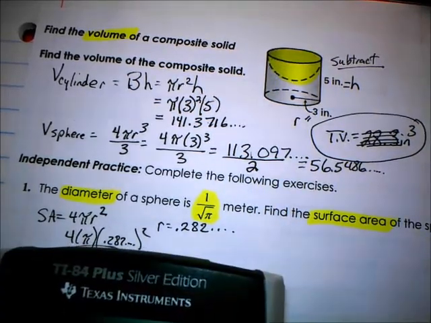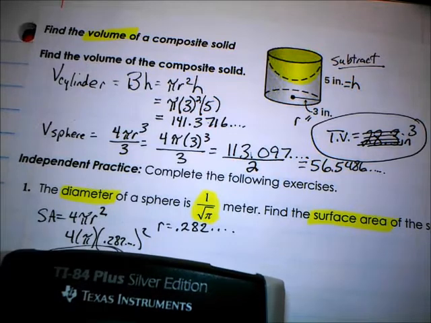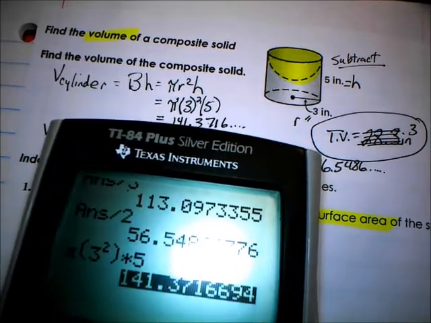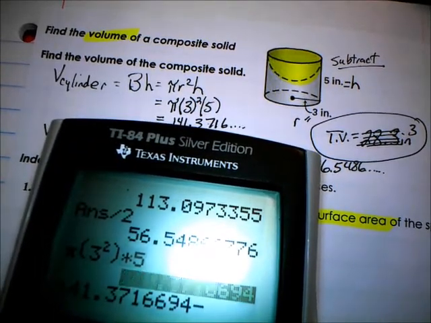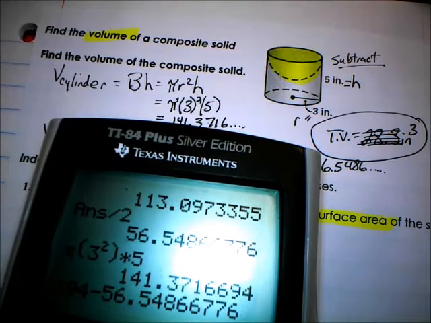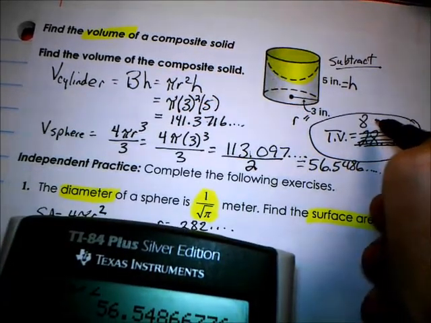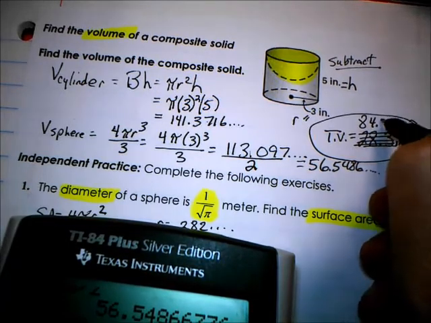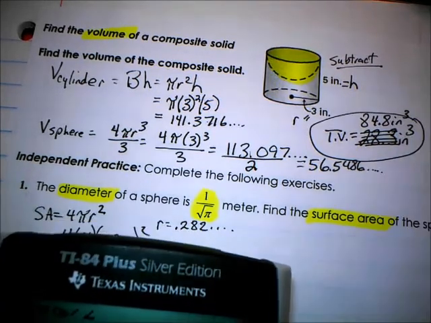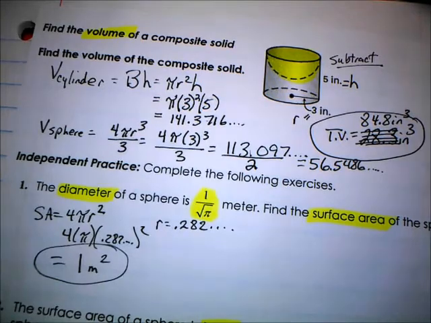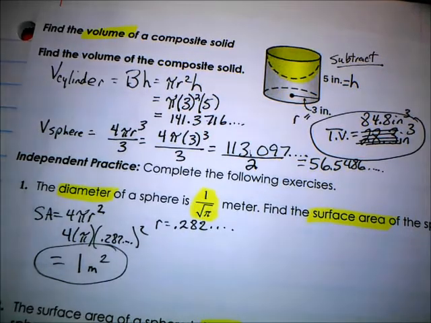My apologies, I just realized that. So I take that number, and I'm going to subtract the 56, and this should have been 84.8 inches cubed. That should have been its answer. Sorry about that. Hope y'all caught that before I did.